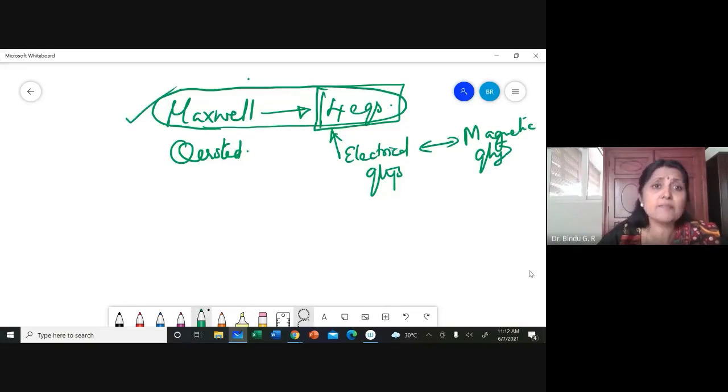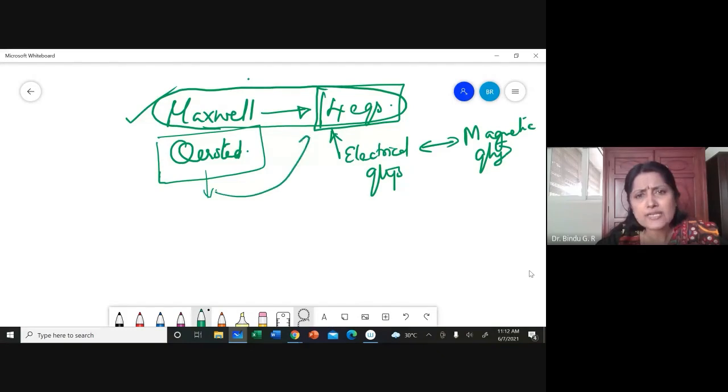Maxwell became extremely famous, but there was one person called Oersted who actually made so many equations. Maxwell just made them concise into 4 equations. Oersted is also remembered for his contributions, but Maxwell is remembered more.